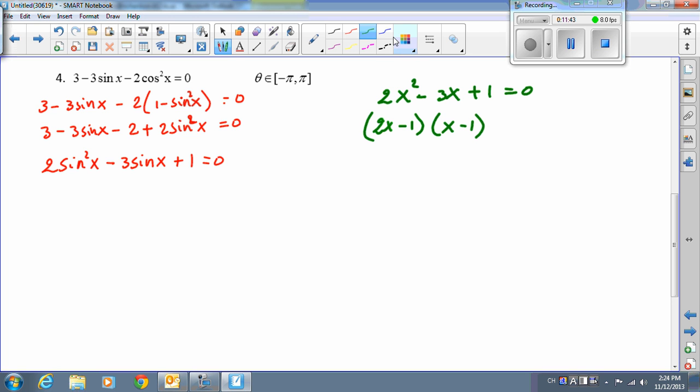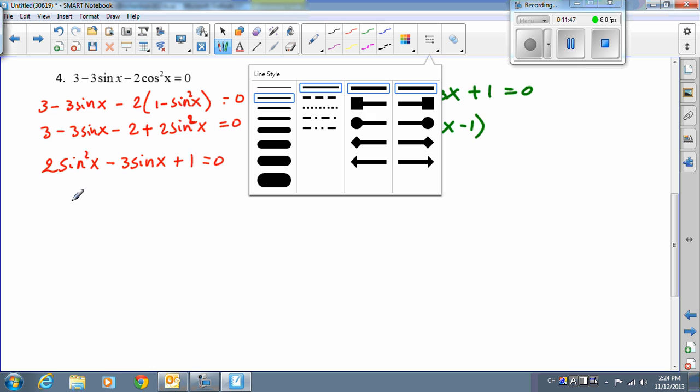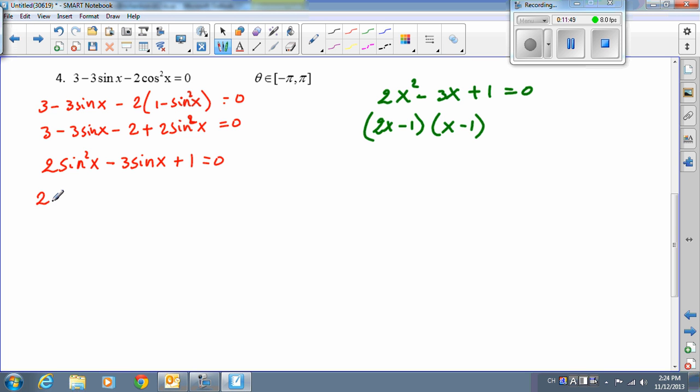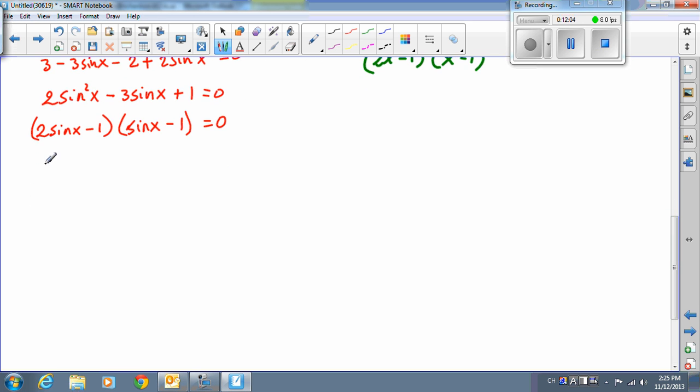But once I get to this level, I can transform now my trig function to 2 times the sine of x minus 1 times sine of x minus 1 equal to 0. So I will set each portion equal to 0.